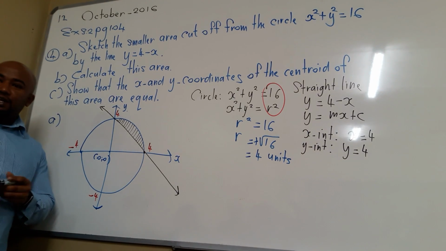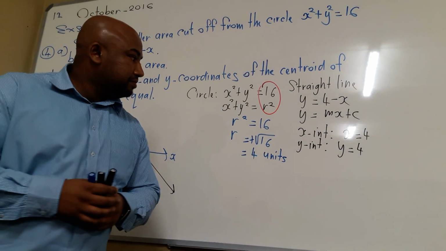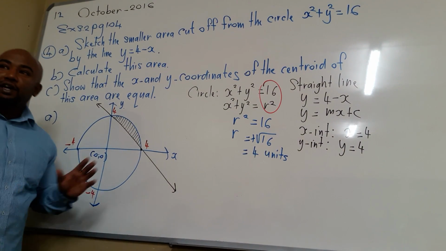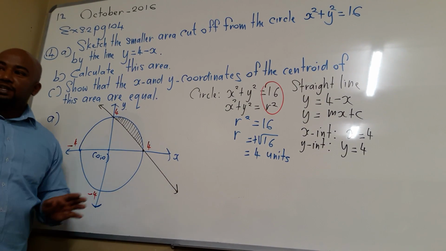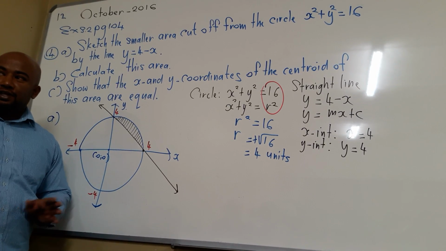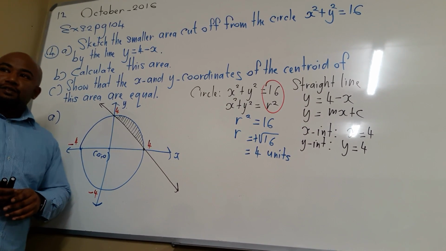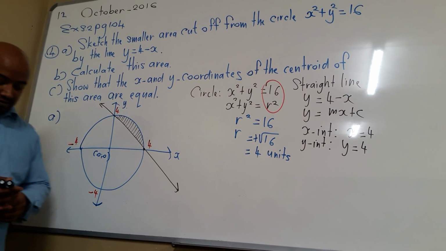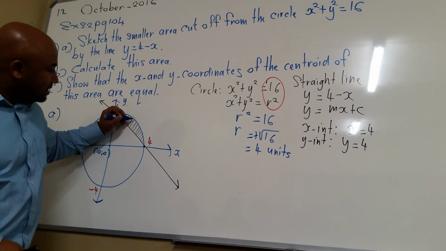So that is the smaller area. So now we have a choice whether we're going to use delta x or delta y. Okay, it's up to you in the exam. What are we going to use? We use delta x for now. Okay, let's choose delta x.